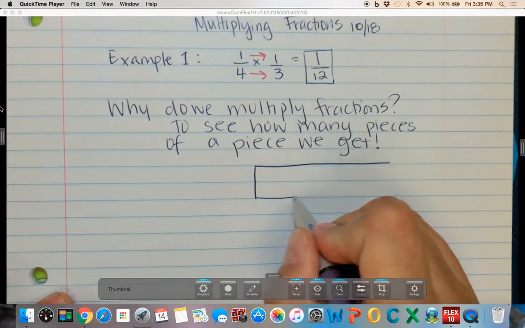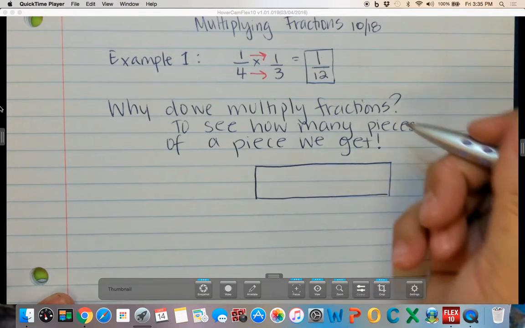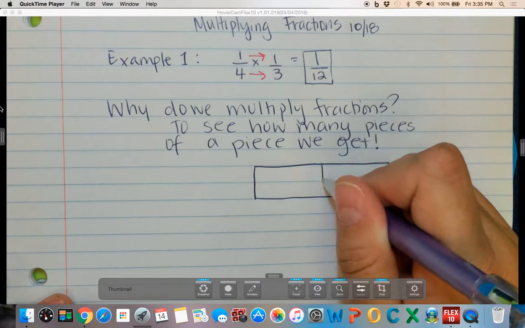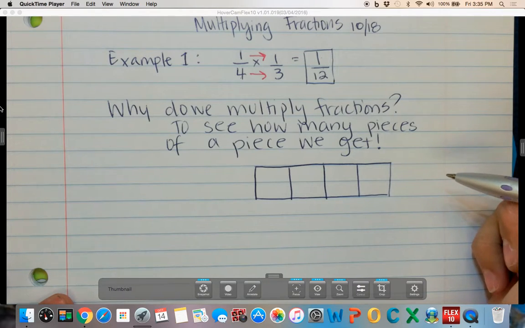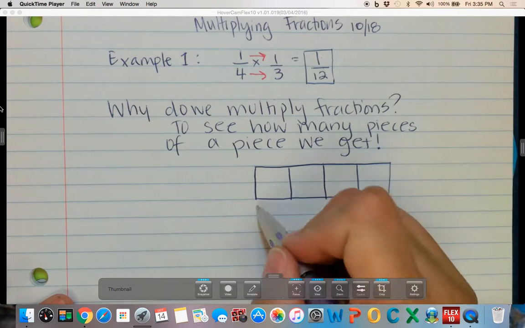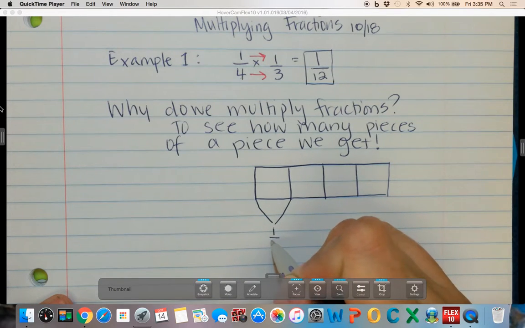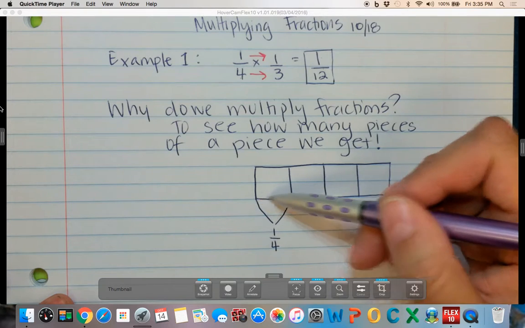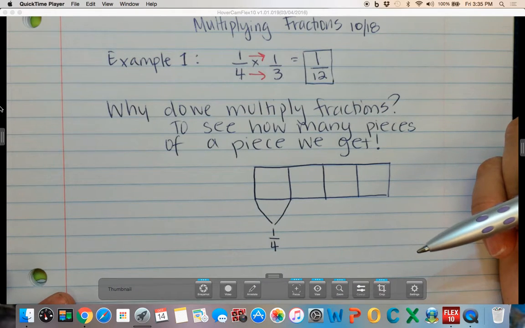And of course, I'll be using colors to make it a little bit easier for you to understand. And I am going to draw a whole, and I'm going to divide that whole into 1/4, or 4 pieces. And remember, I'm going to concentrate only on 1/4 because that's what this number says. Just 1/4 is what I will be focusing on at the end.